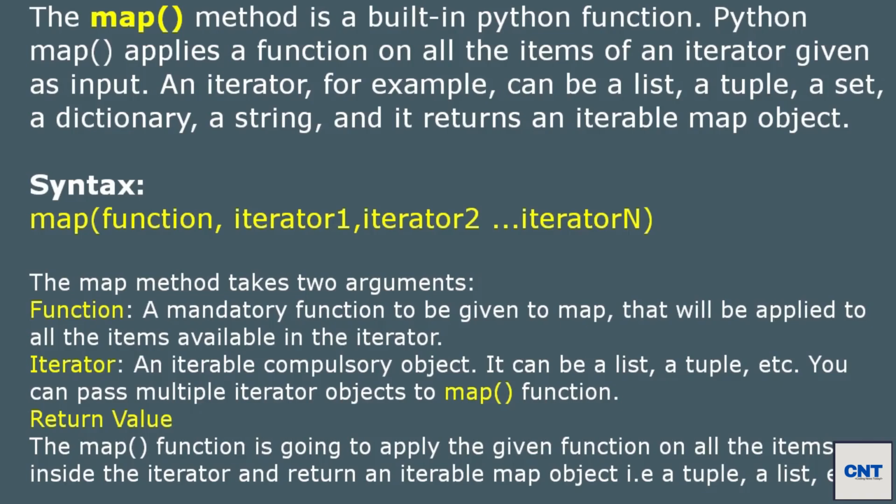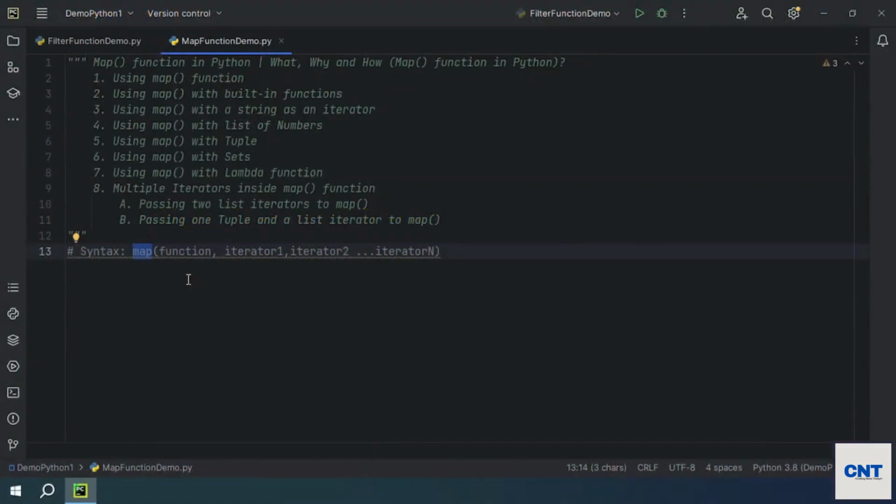You can see the syntax for the map function, a built-in function in Python. It accepts one function, then iterator 1, 2 and n number of iterators it can accept.